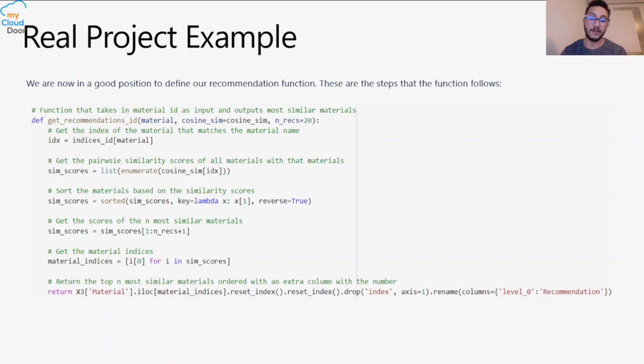So now we have the similarity score of each item we have, and we are now in a good position to define our recommendation system. So these are the steps that the function follows.